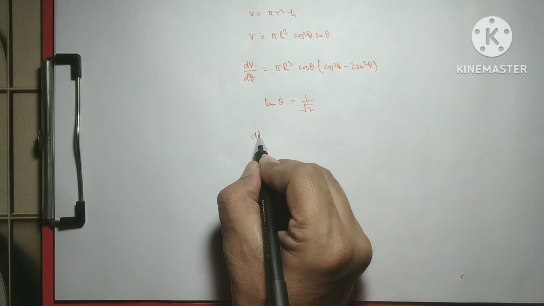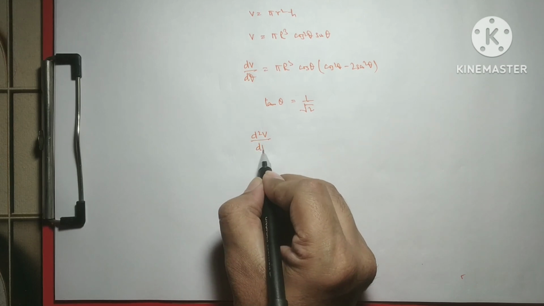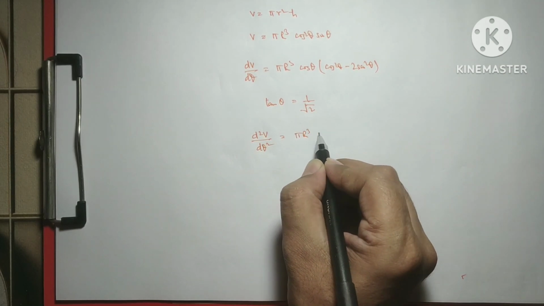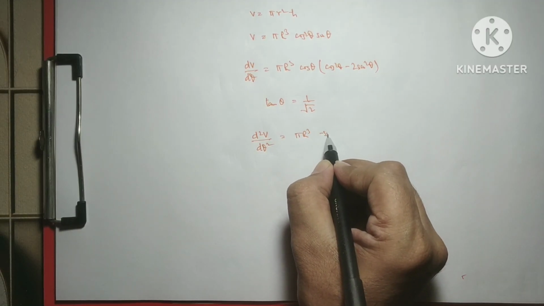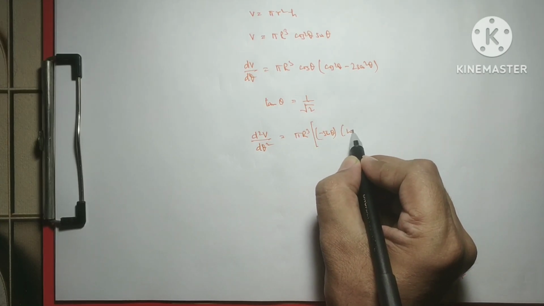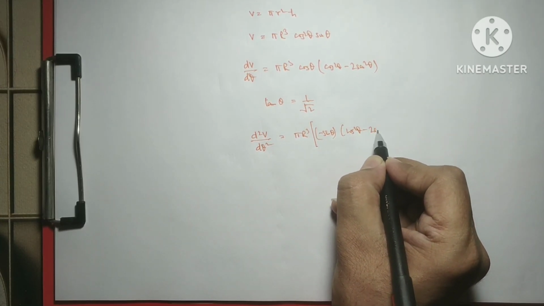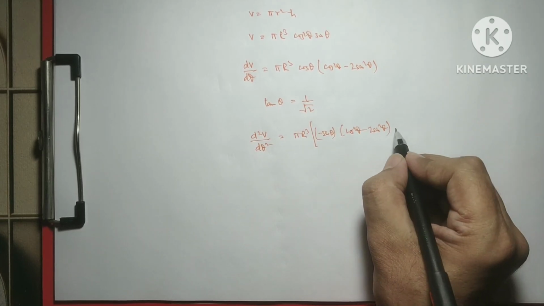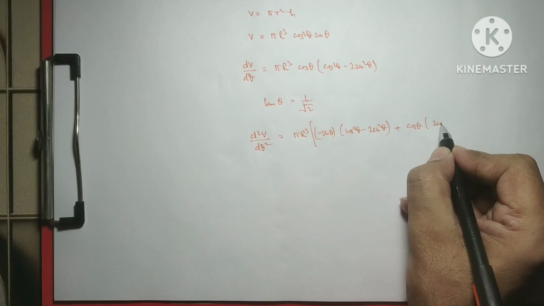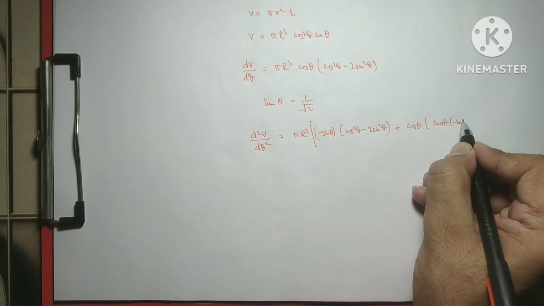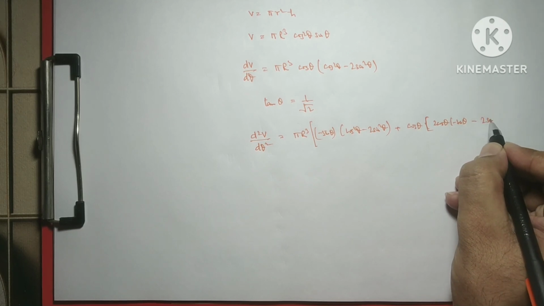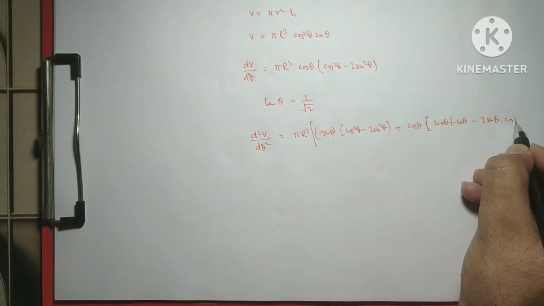On further differentiation, we will obtain the second derivative, that will be pi r cube times minus sin theta into cos square theta minus 2 sin square theta plus cos theta into 2 cos theta into minus sin theta minus 2 sin theta into cos theta.